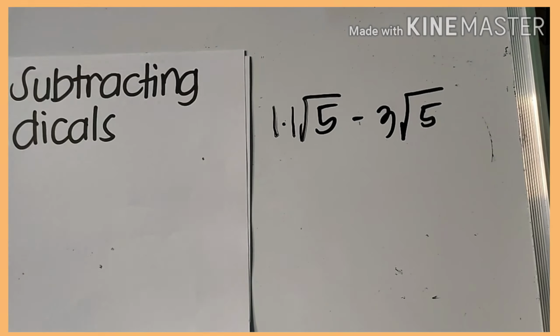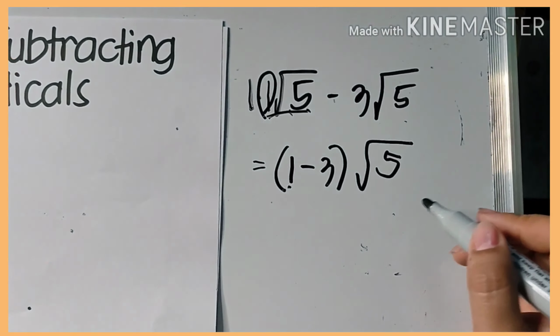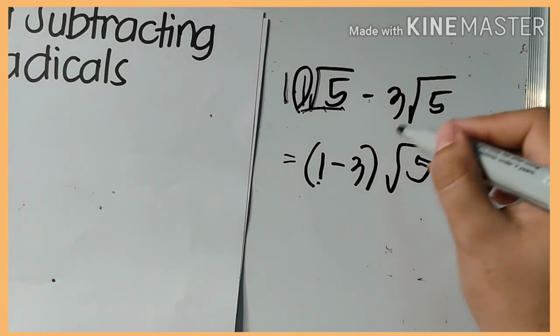There is an understood numerical coefficient 1. Then simply copy the square root of 5. So 1 minus 3 is negative 2, because we are subtracting. So we have negative 2 square root of 5. That is your final answer for example number 1.